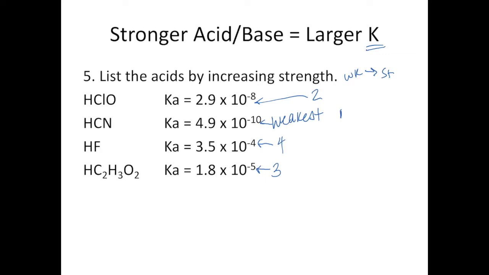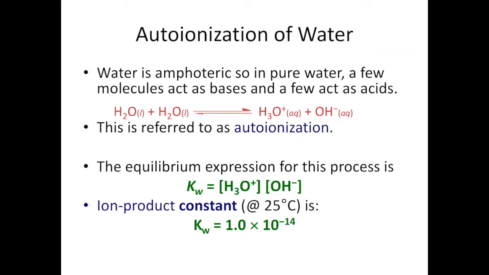That's why some people also think it's strong, because it's pretty corrosive, but it's actually a weak acid. All right, you guys, if you are to identify which acid is stronger or weaker, just look at your Ka or your Kb values.